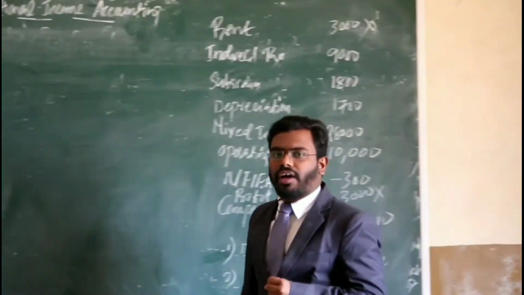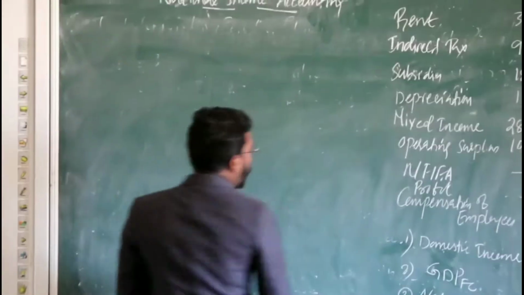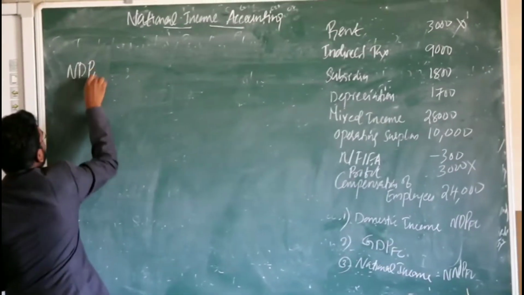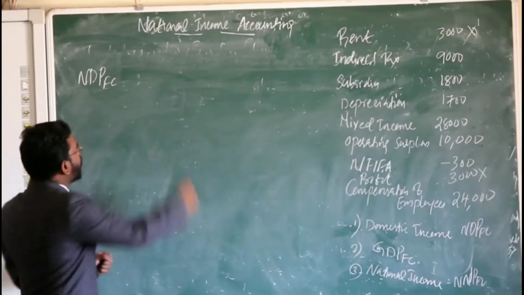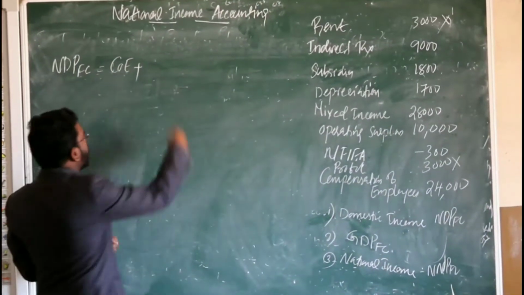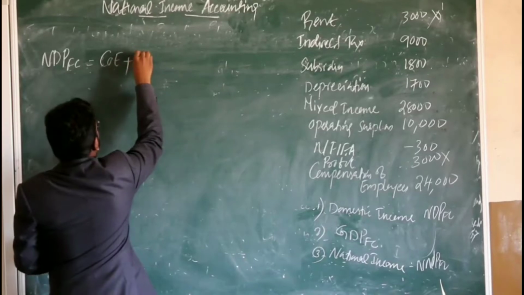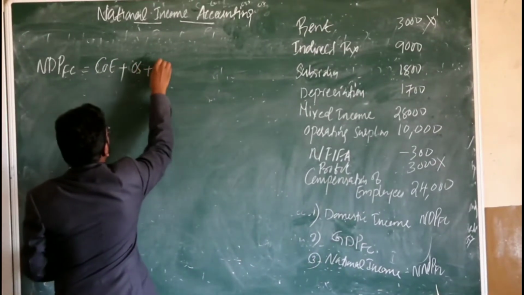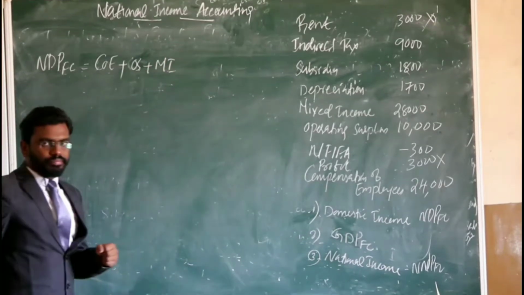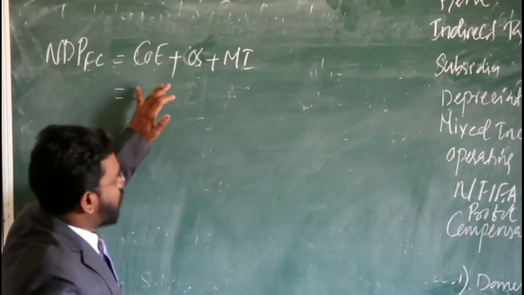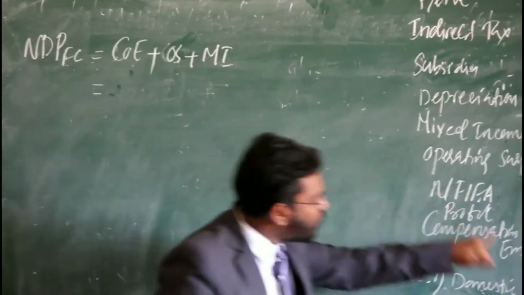So now firstly we can calculate domestic income or NDPFC. What is the formula of NDPFC? NDPFC is equal to compensation of employees plus operating surplus plus mixed income. Then what are the things given in the question? We can just write them down. Compensation of employees is given.